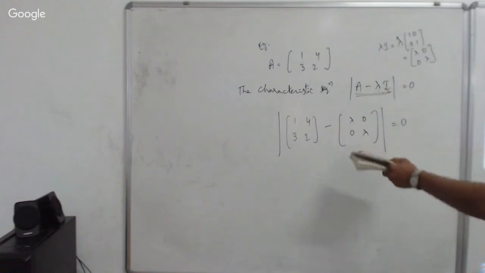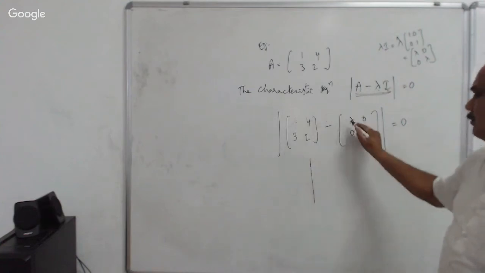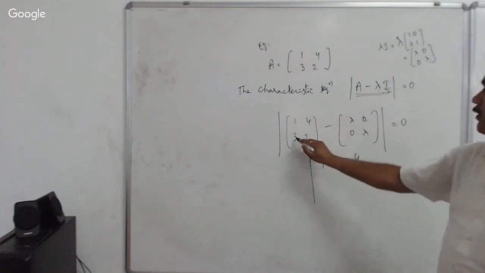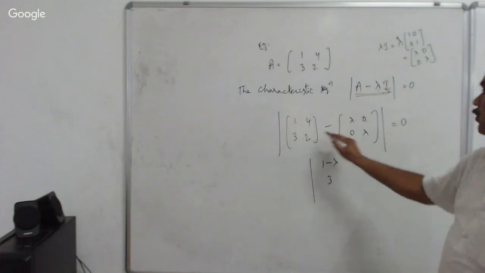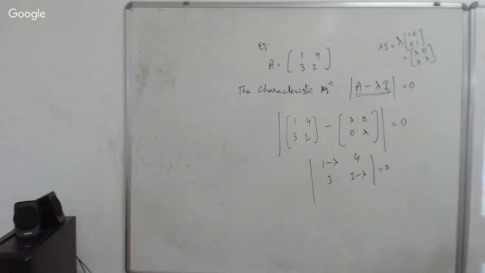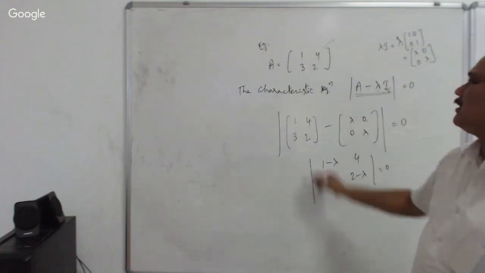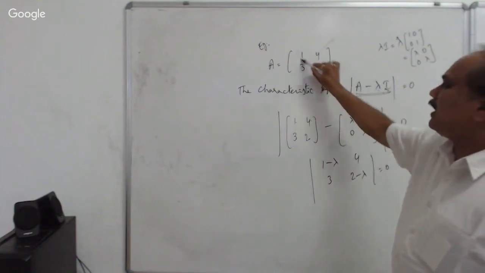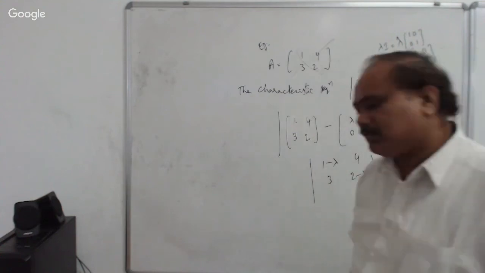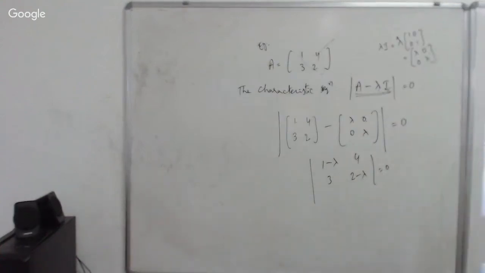Actually, no need to write this step either. Directly you can write 1 minus lambda, 4 minus 0, 3 minus 0, 2 minus lambda. Simply leave the off-diagonal elements, and for the principal diagonal write minus lambda. It will be over. Why are you worrying about this equation?